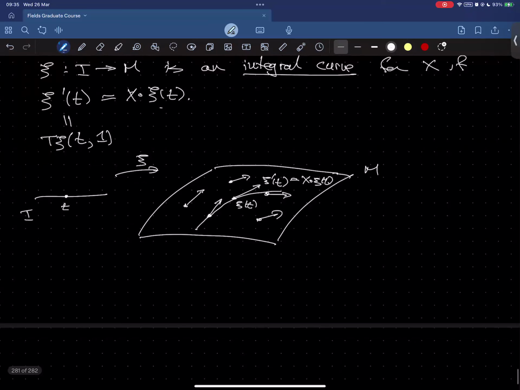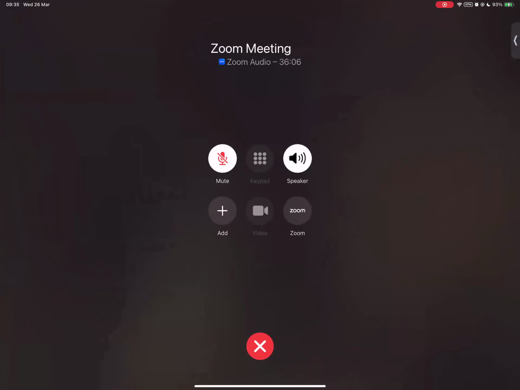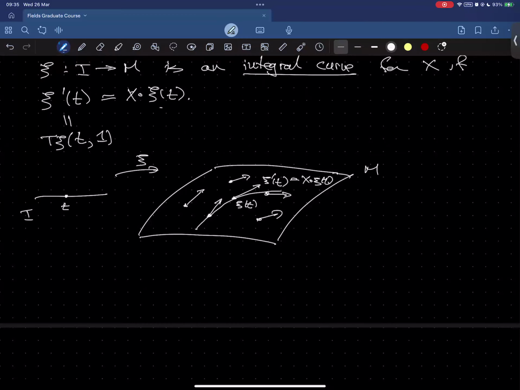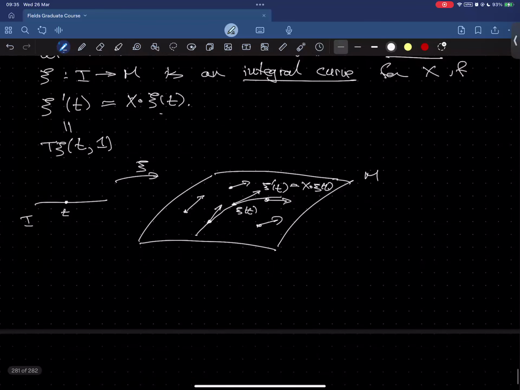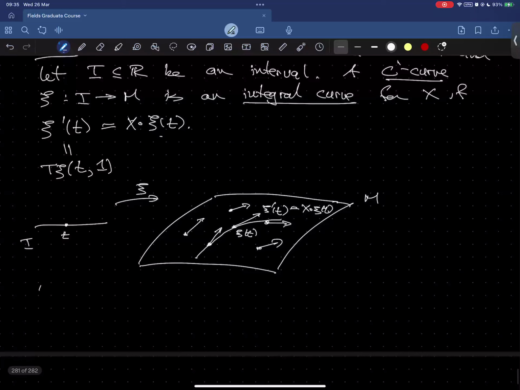So for this discussion, we're going to consider vector fields which possibly depend on time and a parameter in some space, a topological space or something like that. We'll see why that might be interesting.